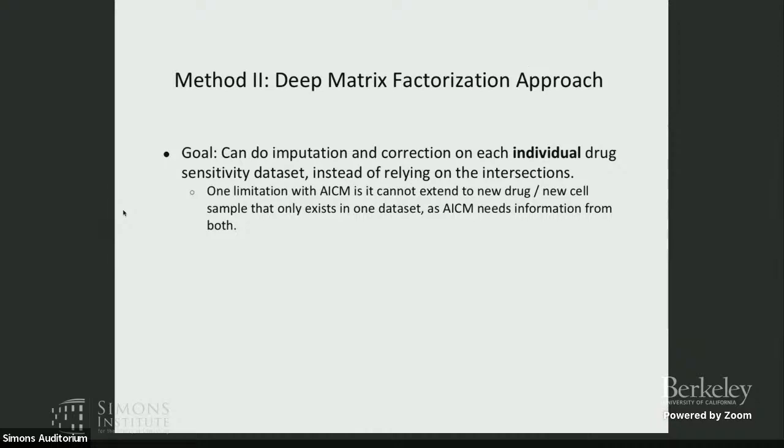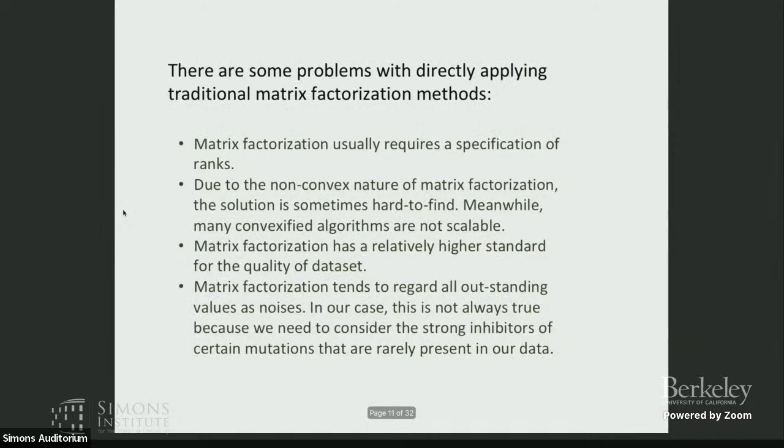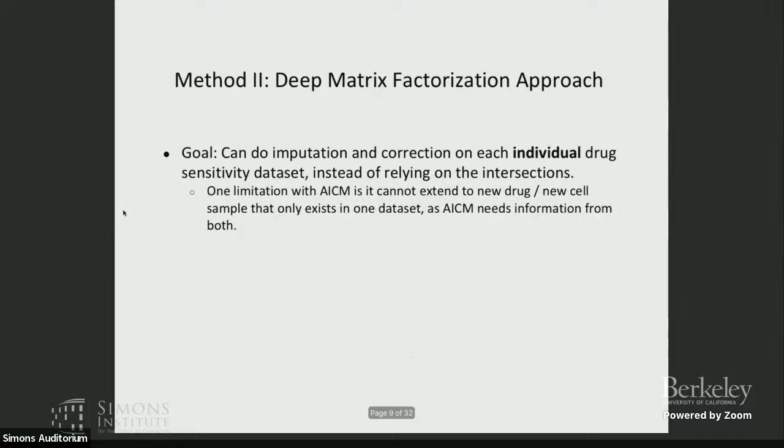So we do see a demand for a method that can be applied on an individual drug sensitivity data set. It's just the one data set, not crossing with other data sets or borrowing information from other data sets. Can we still reasonably denoise the data and improve the consistency between data sets?